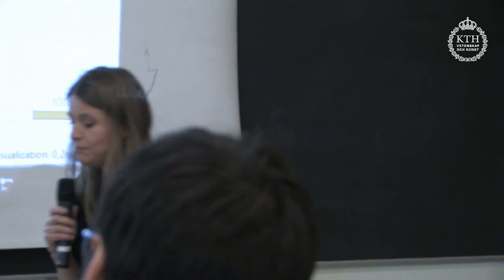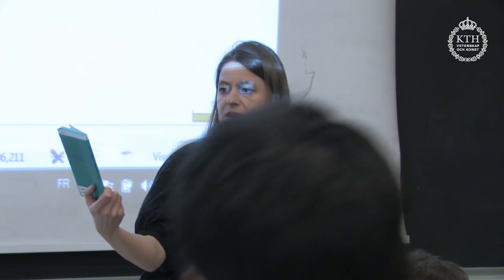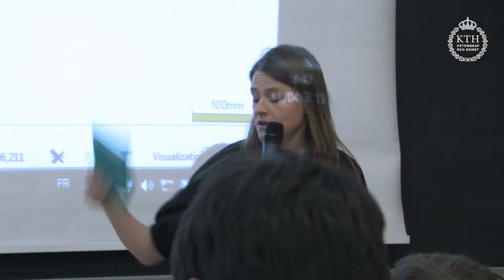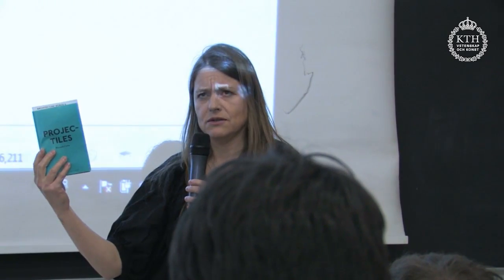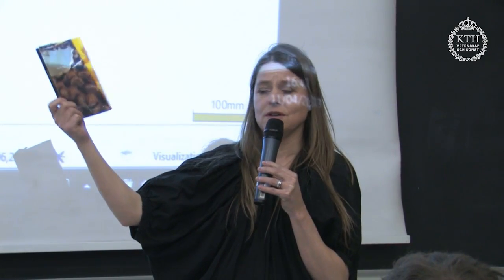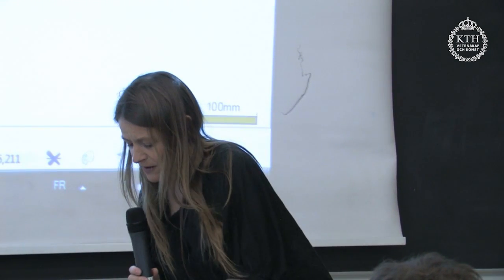A recent book by Bernard Cache is Projectiles, published by AA Publications, which came out in 2011. And then we have this very famous one from 1995 called Earth Moves, which was around the digital turn for many of the architectural schools around the world.